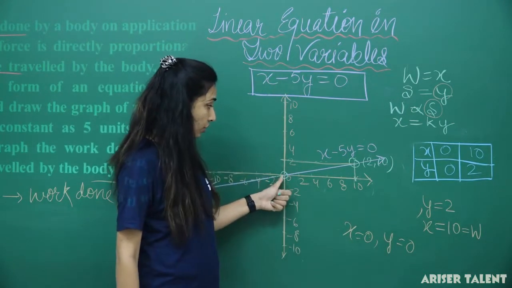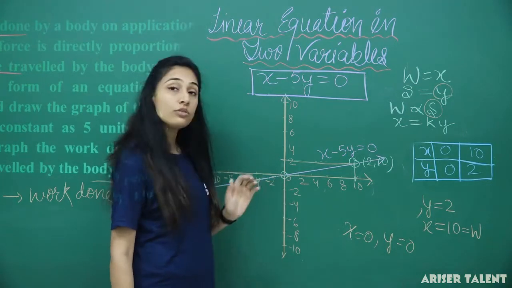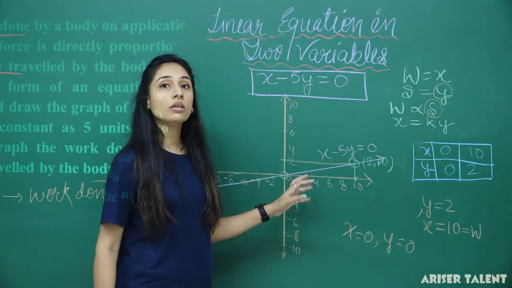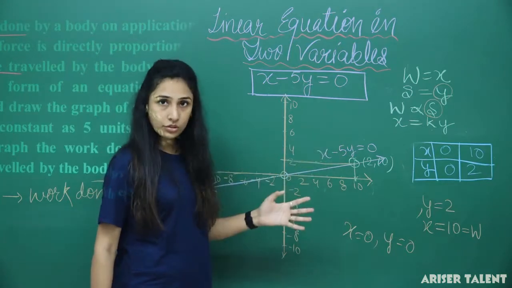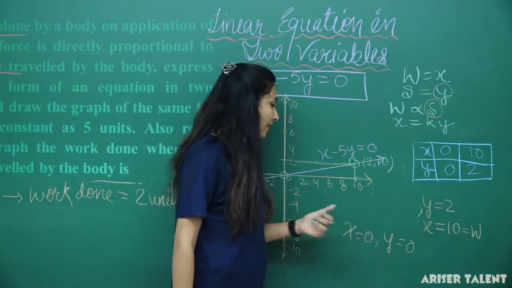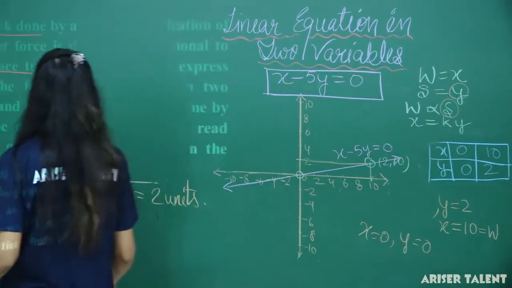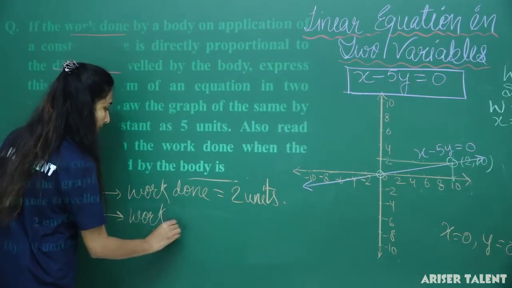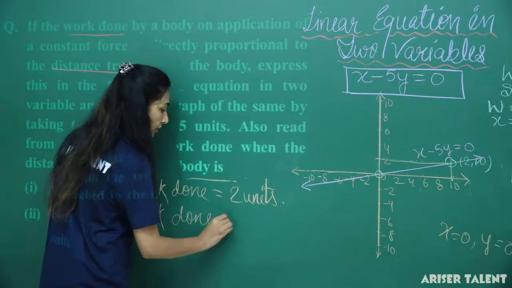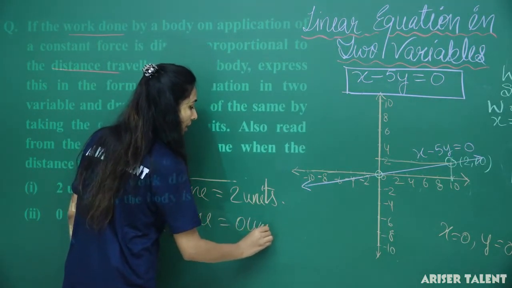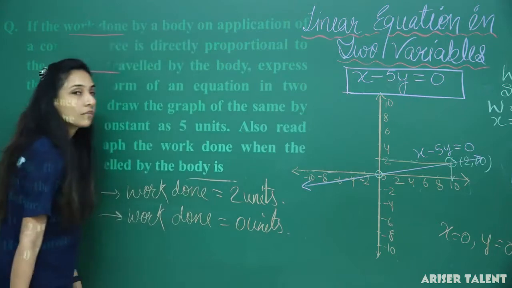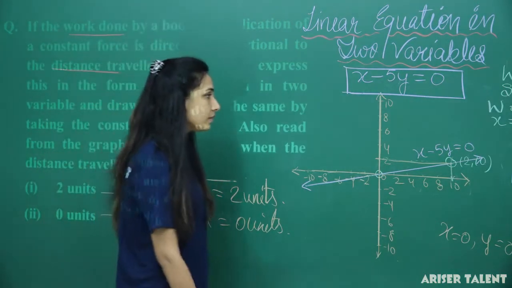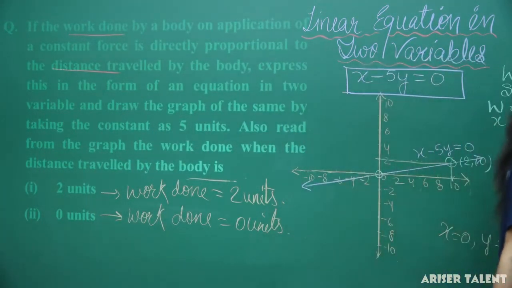At y equals to 0, from the graph we see that x equals to 0, and we can also tell it by the equation. So at x equals to 0, y equals to 0. So here we find out that work done equals 0 units. Okay, so now note this. Noted.